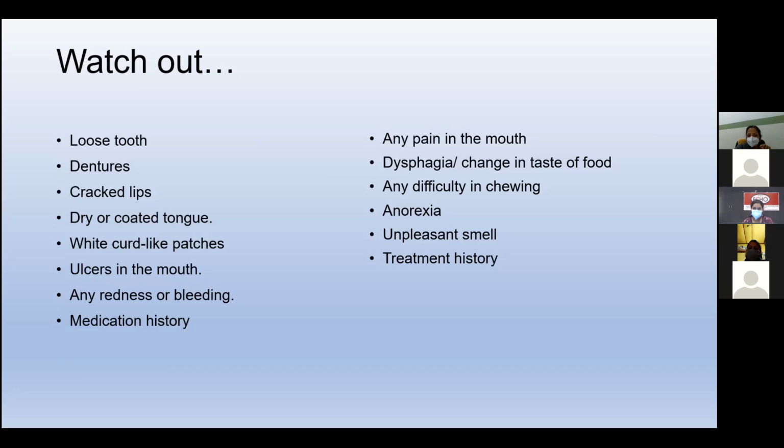Then find out what medications the patient is receiving. Whether the patient is having any pain in the mouth, different ulcers, or a raw area because of radiation or chemotherapy. So it is always good to have a good history of the patient.